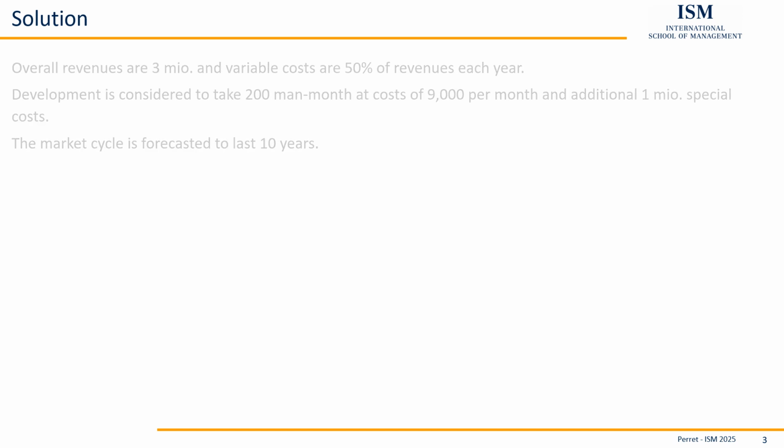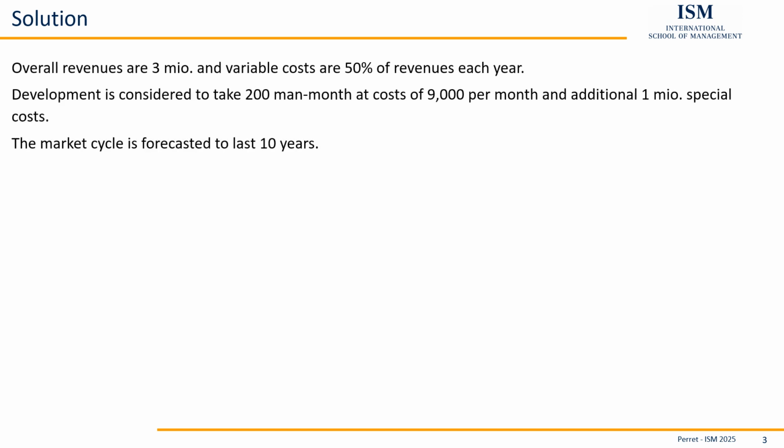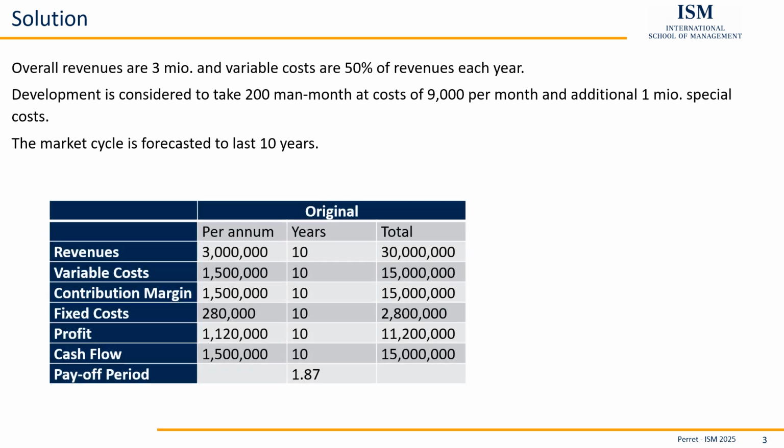So starting with the first product, with version 1, I just copied all the information and I'm going to put this into a table. I have in this table yearly values and overall values for the whole market cycle, which, as the last sentence says, is supposed to be 10 years.